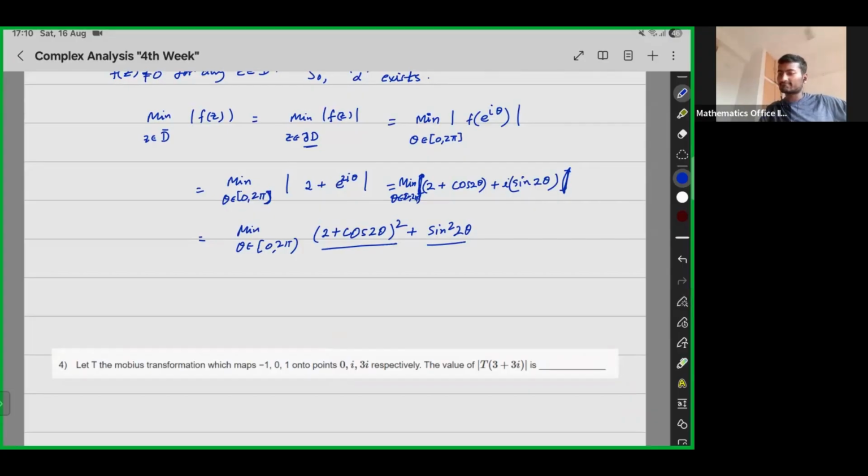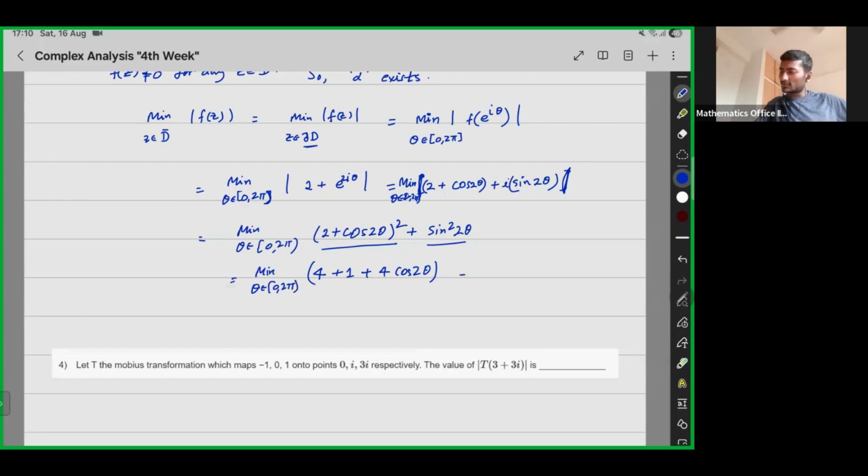Expand this: 2 square is 4, cos square plus sine square becomes 1, and 2 into 2 means 4 cos 2 theta. So this is the value we are getting, and we are going to take the minimum of this.